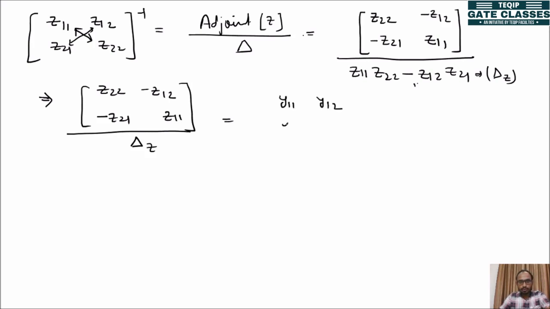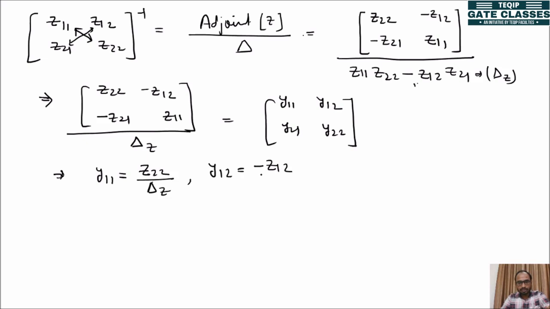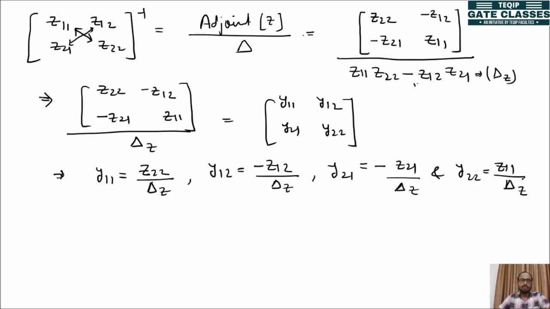So [Y11 Y12; Y21 Y22]: y11 is equal to z22 divided by delta Z, y12 is equal to minus z12 divided by delta Z, y21 is equal to minus z21 divided by delta Z, and y22 is equal to z11 by delta Z. So you got all the y parameters in the form of z parameters.